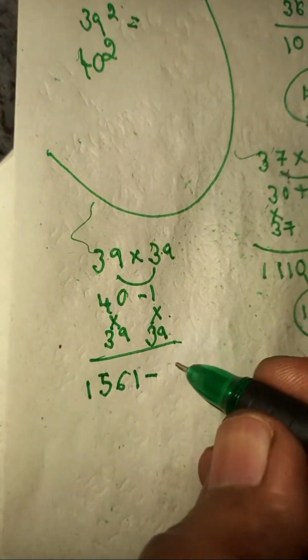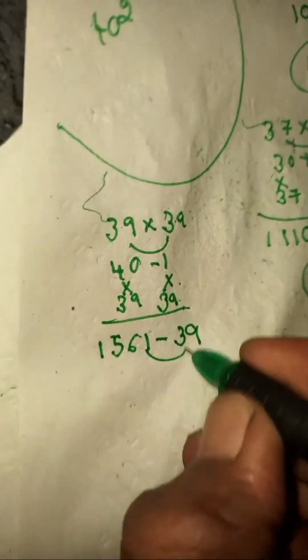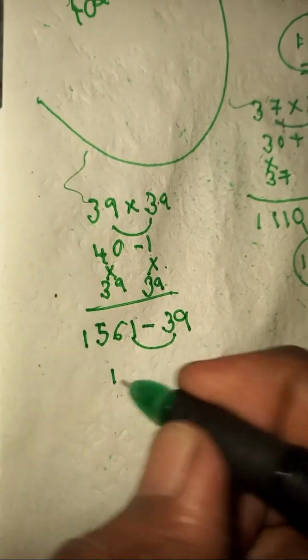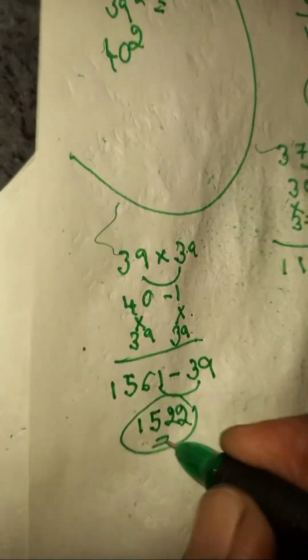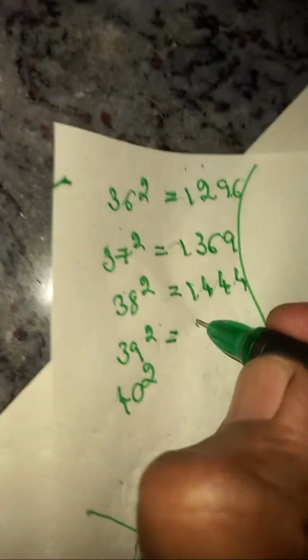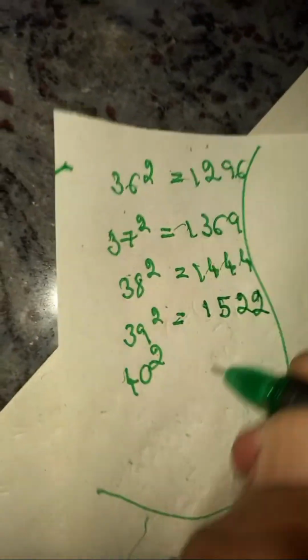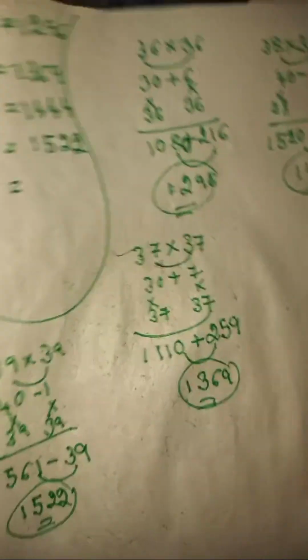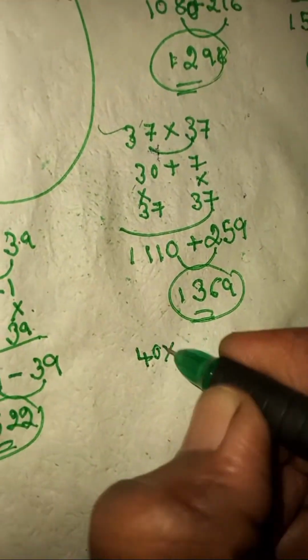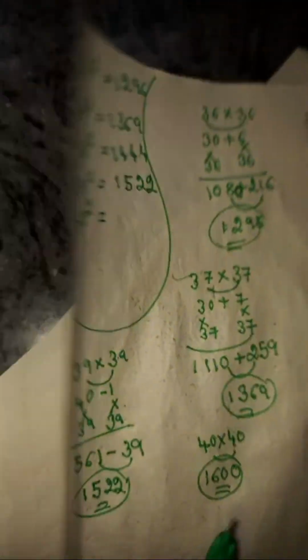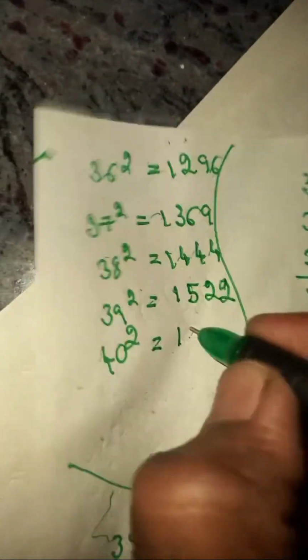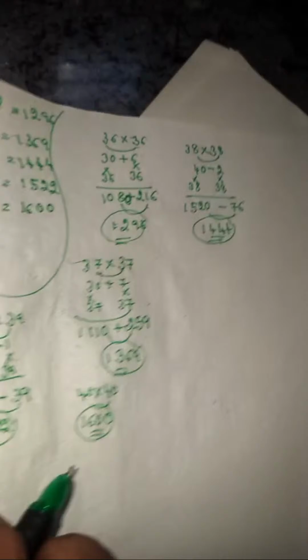When you subtract, it will be 1521. This is the complete thing. And here 40 square, it's easy, 40 times 40, 4 times 4 is 16, so it is 1600.